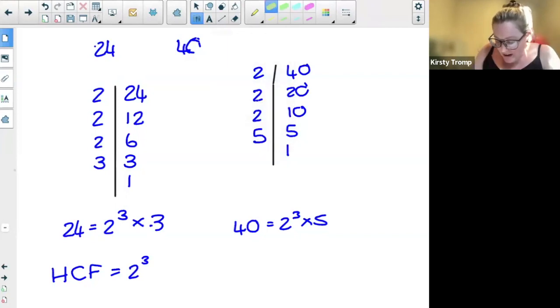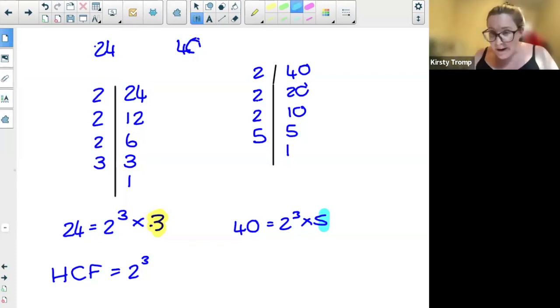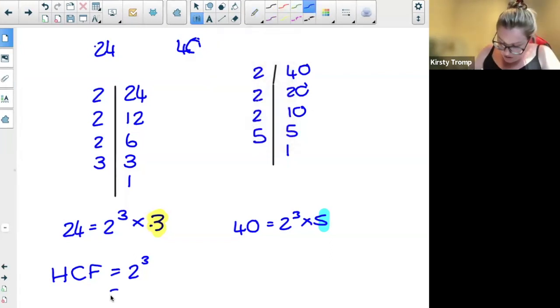Have I got any 3s on this side? No, ma'am. And do we want to embarrass our friends? No, ma'am. So we don't put any 3s down, hey? What about the 5? No, ma'am. Why not? Because there's no other 5s. Good. And we don't want to embarrass our friend, hey? Good. So my final answer, 2 to the power of 3 gives me? 8. Well done. Thanks, Azande.